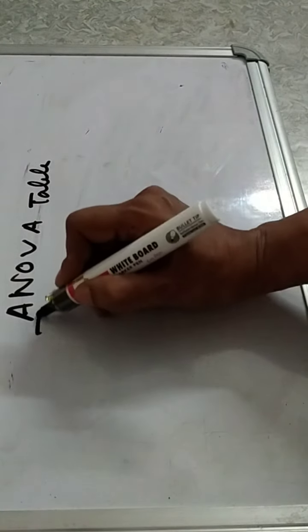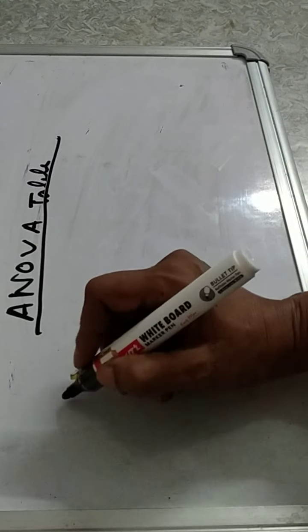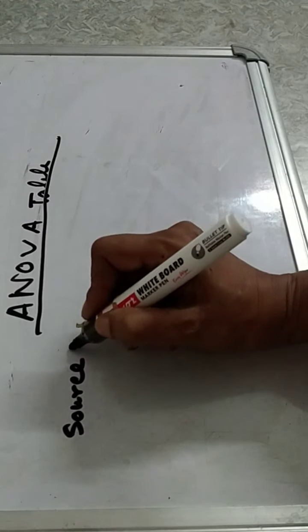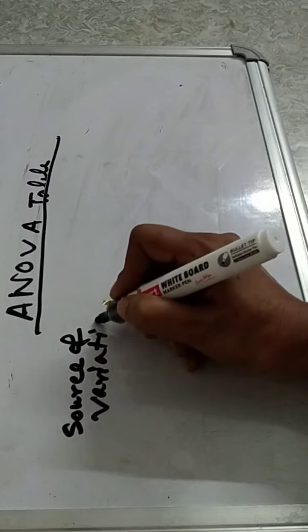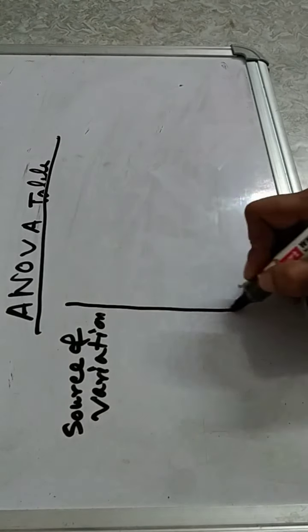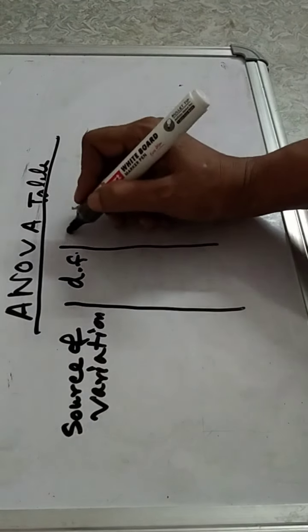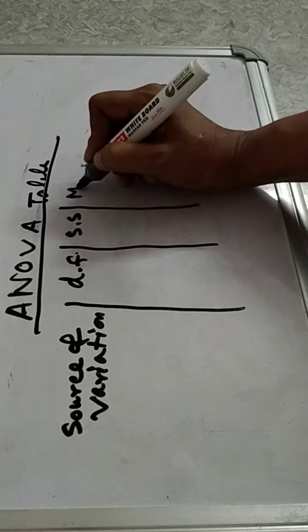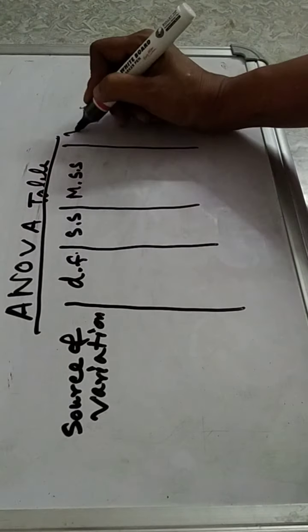Here source of variation, then degrees of freedom, then sum of square, then mean sum of square, and variance ratio.